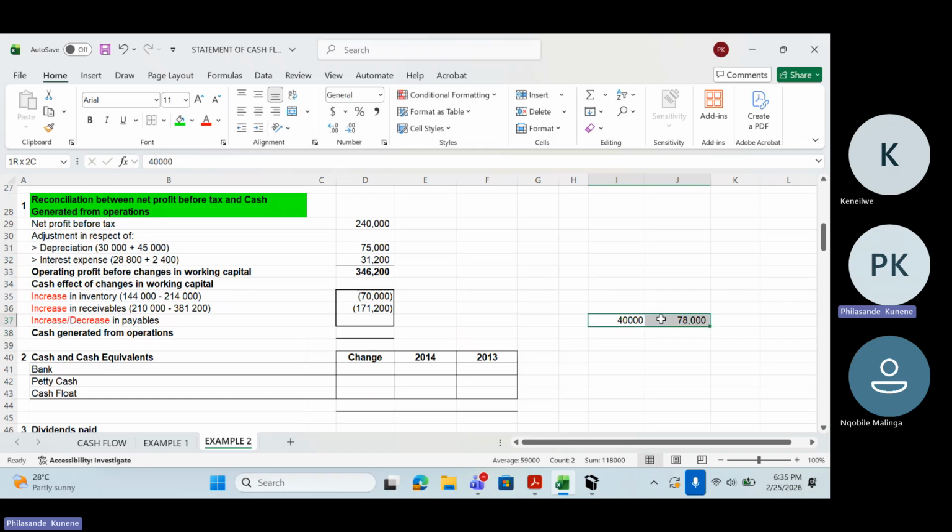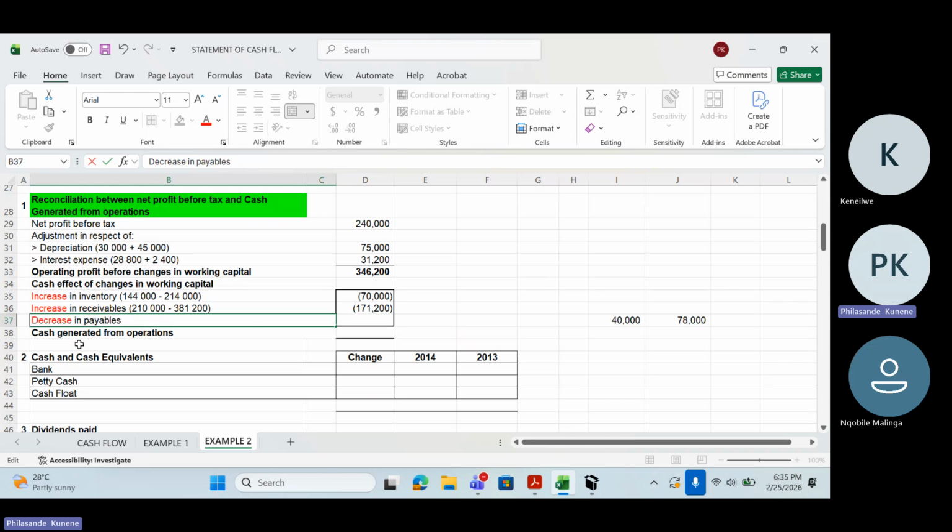So what happened here with our payables? You can see now that our payables moved from 78,000 to 40,000 in the current financial year. So there was a decrease in payables. If there was a decrease in payables, what does that mean? Inflow or outflow?